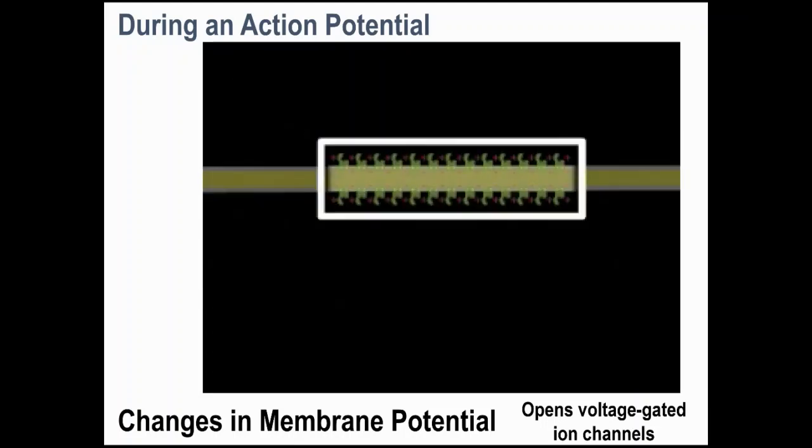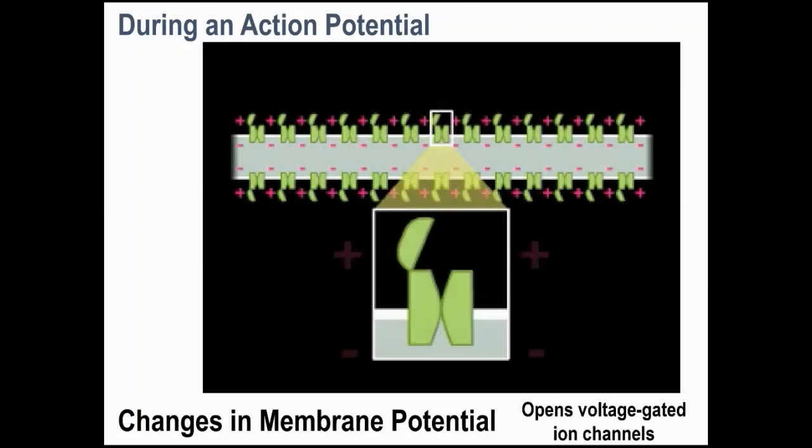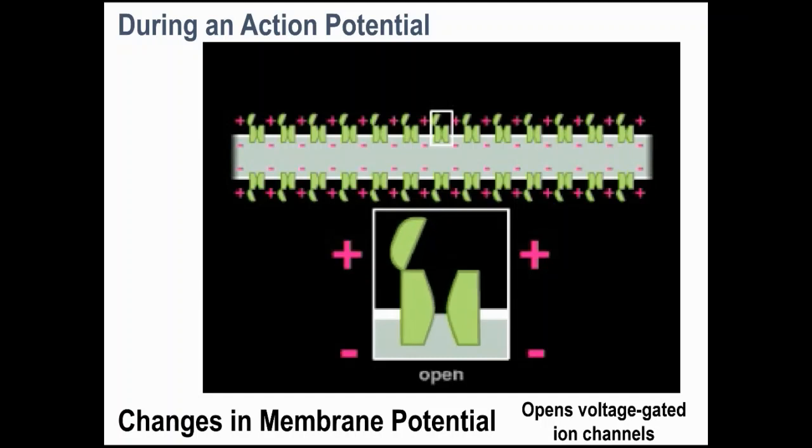The central molecular players in this process are the voltage-gated sodium channels, which undergo a cycle of finely choreographed conformational changes. When an action potential passes, sodium channels open in response to membrane depolarization. Sodium ions rush into the axon, further depolarizing its membrane.